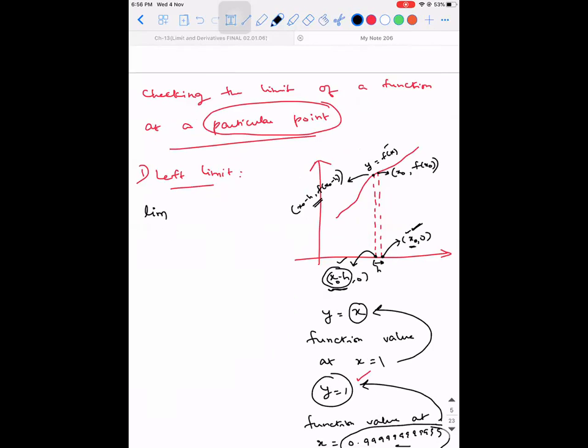So how you read is limit h tends to 0. You read it as limit h tends to 0, f of x. This is what is called as left limit. Okay, actually one small correction. Limit h tends to 0, f of x naught minus h is what is called as left limit.